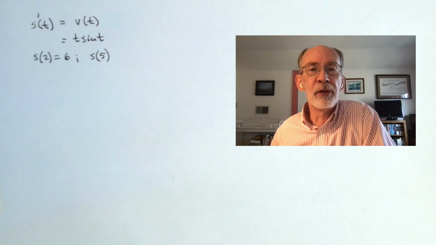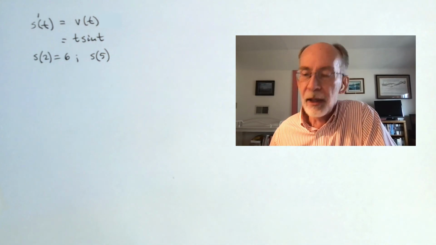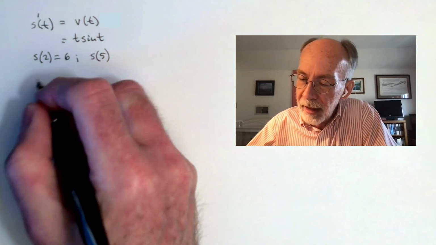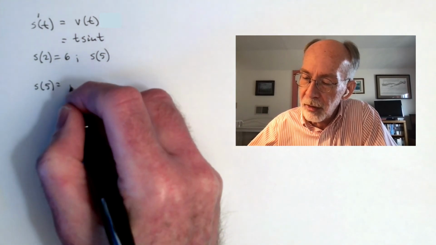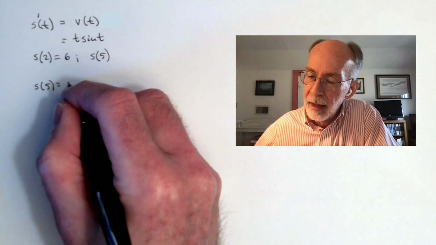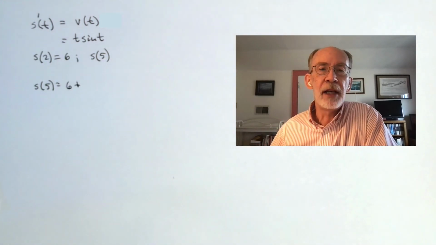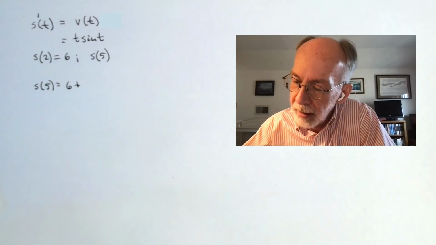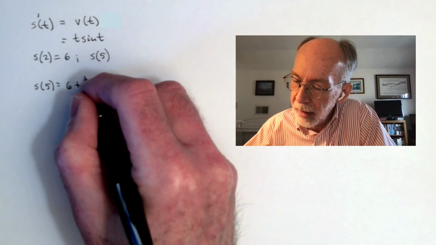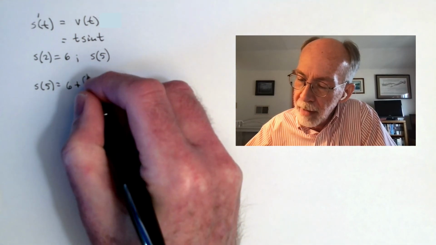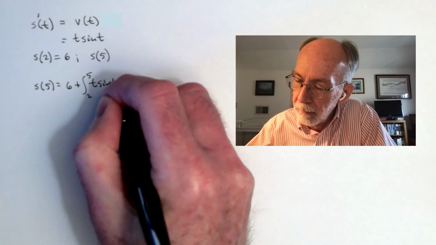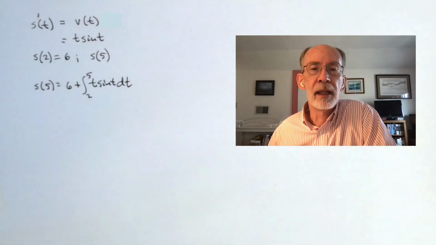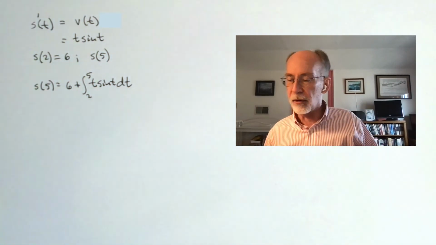Well, according to what we've been saying, it should work something like this. The position at time 5 should be the position at time 2, which is 6, plus how much the position has changed from time 2 to time 5. And that is the integral from 2 to 5 of the velocity. And we are once again at a moment where the calculator can step in and do the grunt work for us.